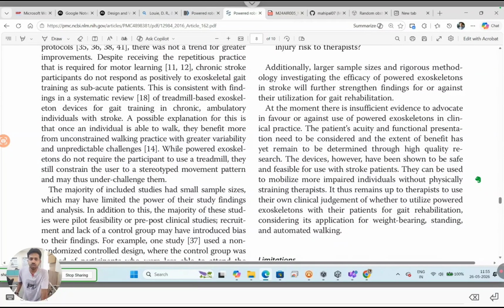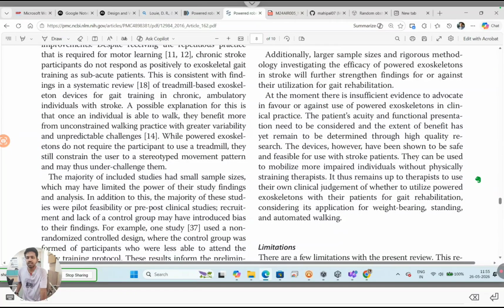A possible explanation for this is that once an individual is able to walk, they benefit more from unconstrained walking practice with greater variability and unpredictable challenges. While powered exoskeletons do not require the participant to use a treadmill, they still constrain the user to a stereotyped movement pattern and may not sufficiently challenge them.